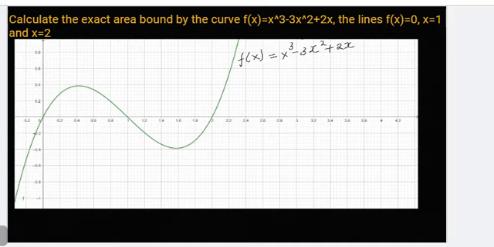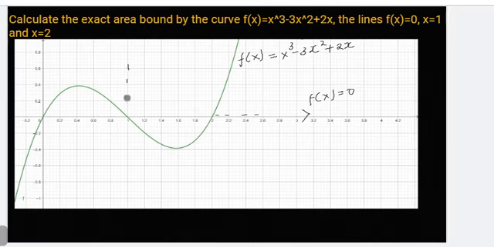So let's look for the other lines. f of x equals 0 is the same as the x-axis, so I want to label this x-axis as f of x equals 0. The other two lines are x equals 1 and x equals 2.